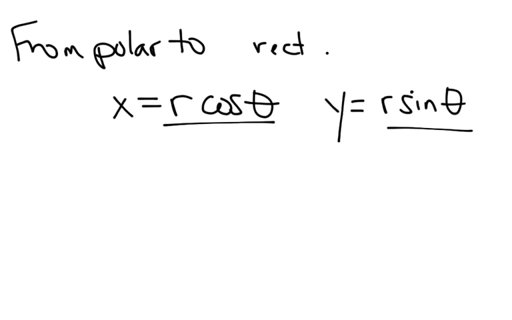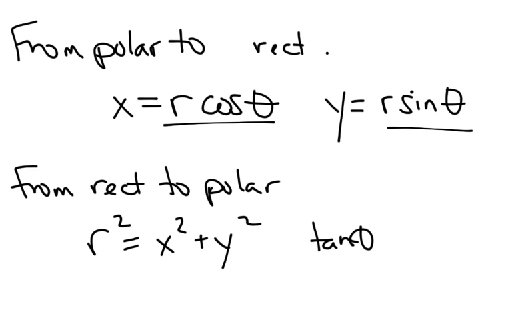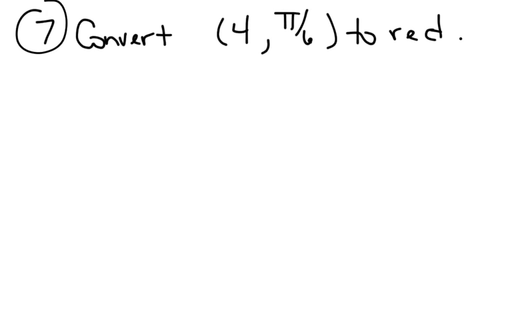These are two expressions that seem to pop up quite a bit when we talk about the rest of this chapter and when we talked about vectors, so keep that in mind. When we wanted to go from rectangular to polar, r squared is x squared plus y squared, which is just the Pythagorean theorem, and then tangent theta is y over x, which is actually a definition we have from trigonometry. So now let's try a problem where we're going to convert polar coordinates to rectangular coordinates.